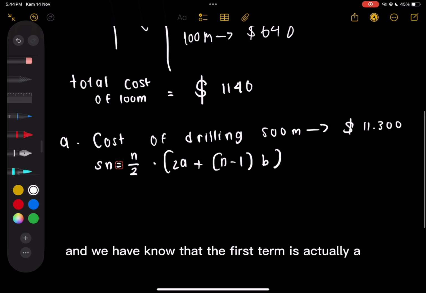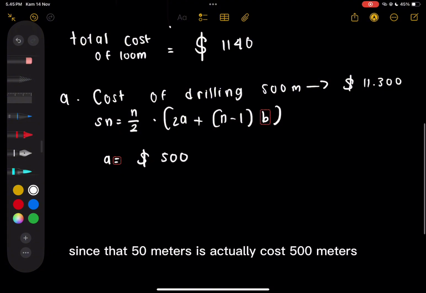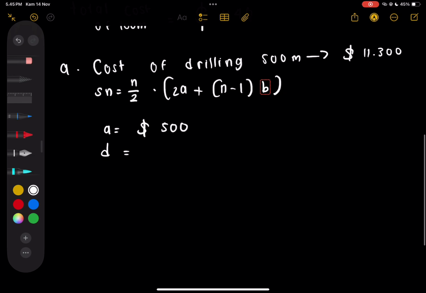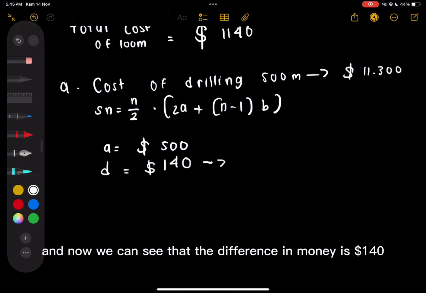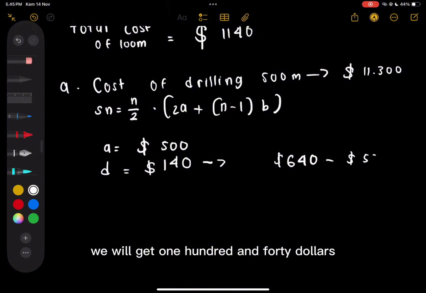And we know that the first term is a equals $500 since the first 50 meters cost $500. And now we can see that the difference in money is $140, because using the formula of U2 minus U1 we get $140.